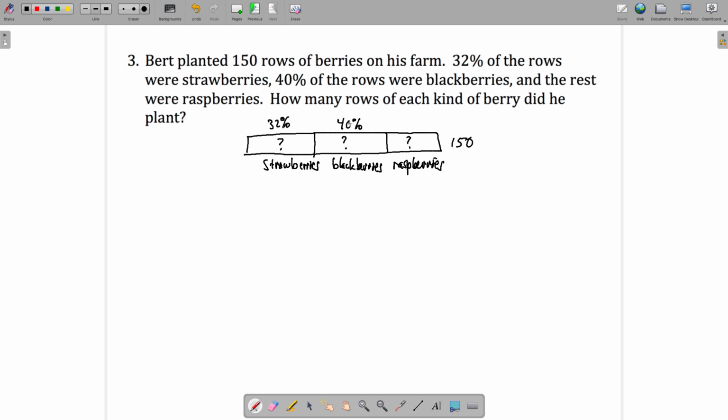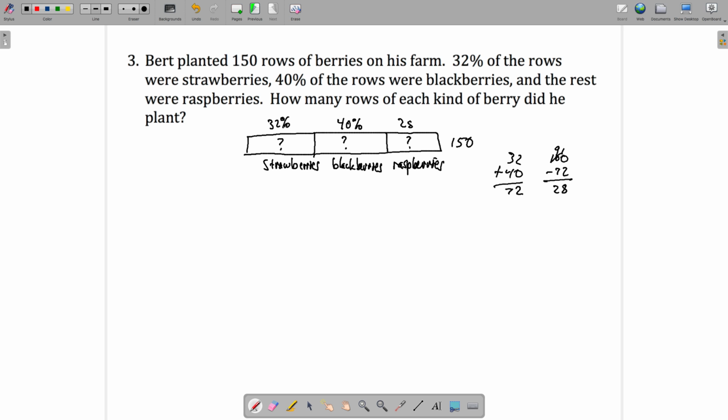Well, percentage-wise, I noticed that 32 plus 40 was 72, and 100 minus 72 is 28.